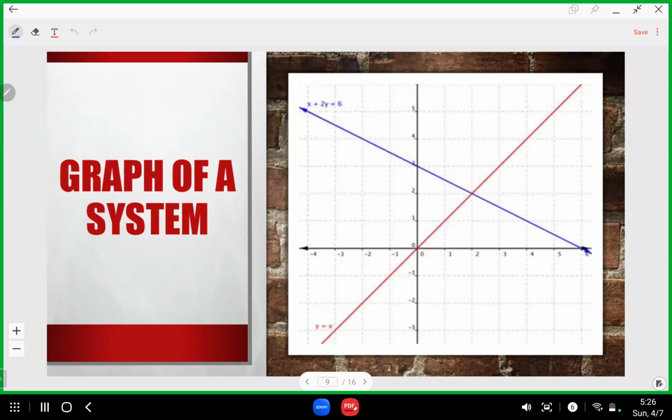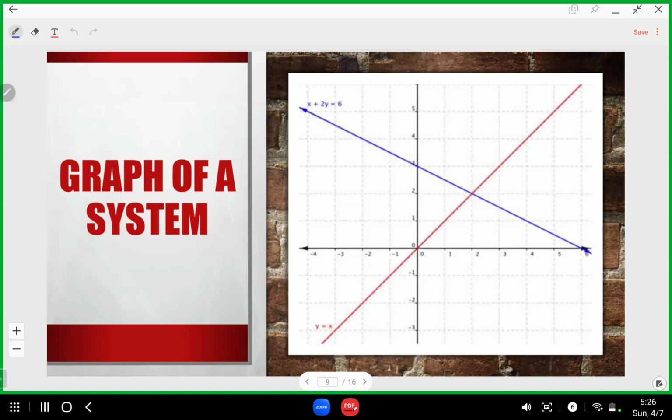There are other methods to solve systems of equations. You can search them up if you are interested, but they are too advanced for us to cover right now. They're called matrices and Cramer's rule, that kind of stuff.